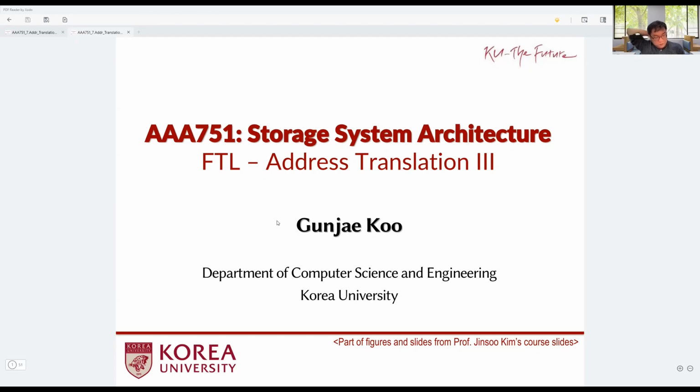If you search for research papers in the SSD research area, you can find that there are many papers that handle lifetime issues or reliability issues in SSD. Okay, it's very interesting.